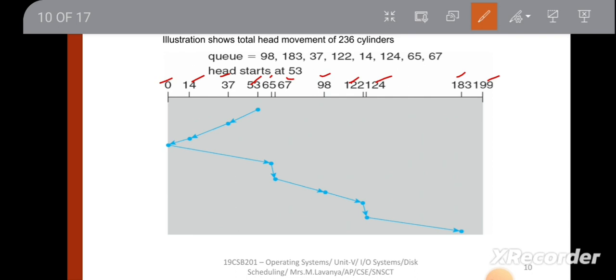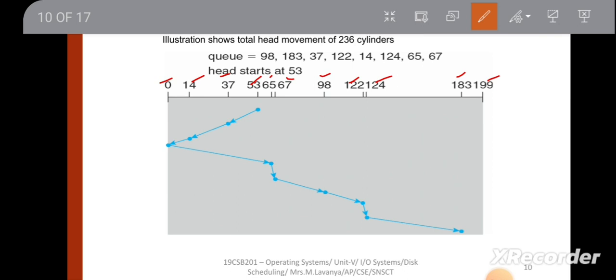On this side the last cylinder is 0, so it will traverse from 14 to 0. After that it will start its reverse traversal. During the reverse traversal itself, the servicing will be provided for the cylinders.